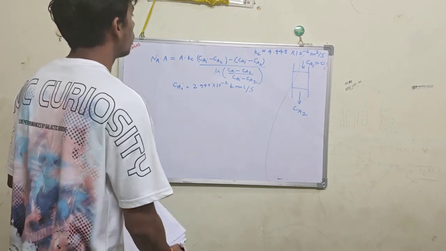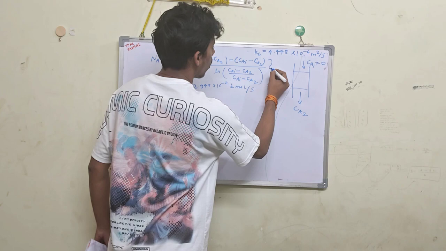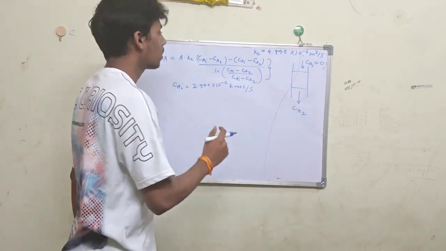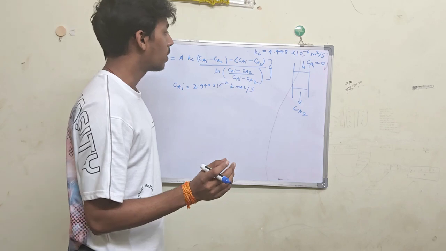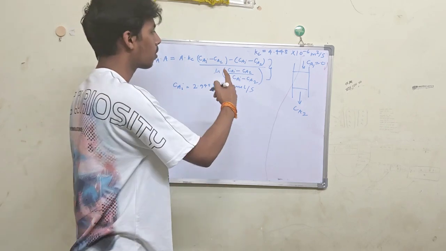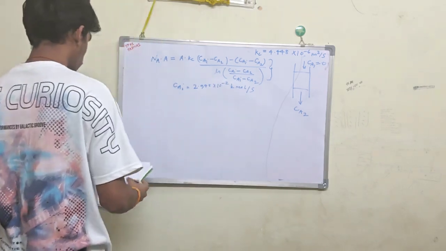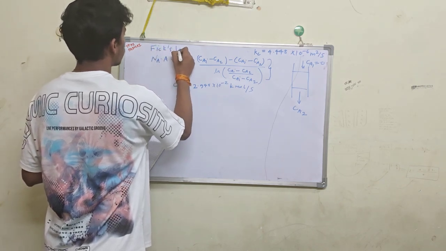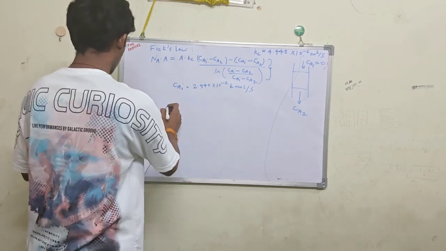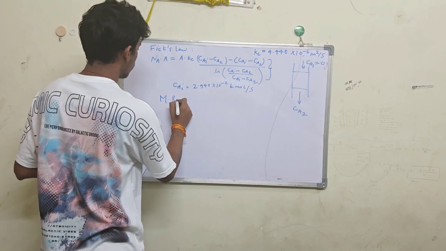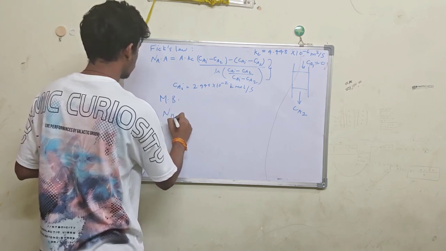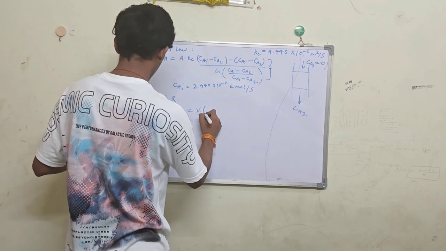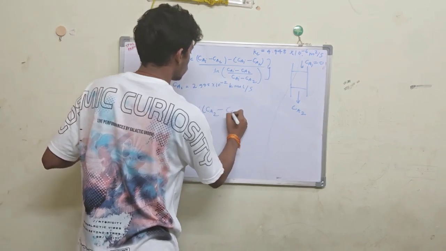Now, this is actually a log mean driving force because the concentration is constantly changing inside this packed bed. So in place of directly using the driving force, we are using log mean driving force. This comes from Fick's law actually. And if you do the material balance, you will get another expression of mass rate, which is V into CA2 minus CA1.